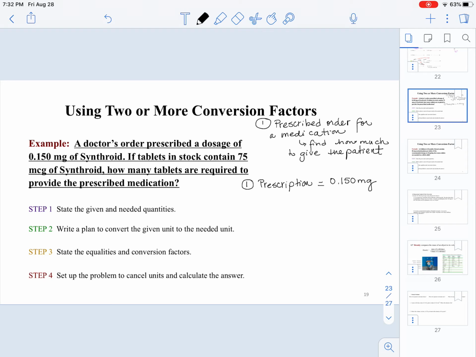Then you need to find what is given to us, which is the stock that we have of the medication. In other words, that is your clinical factor.